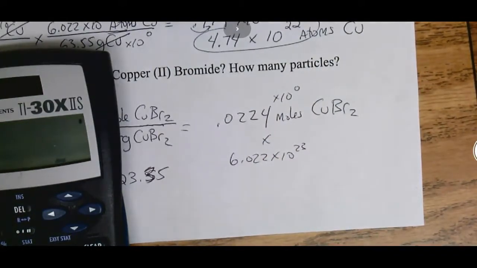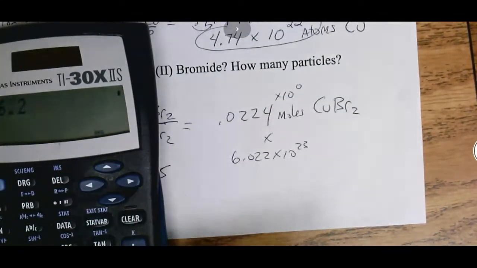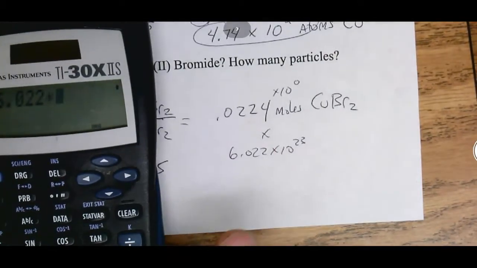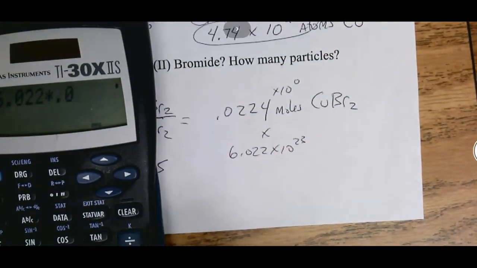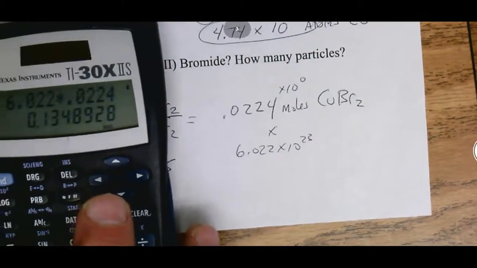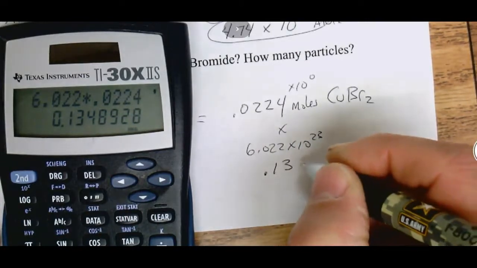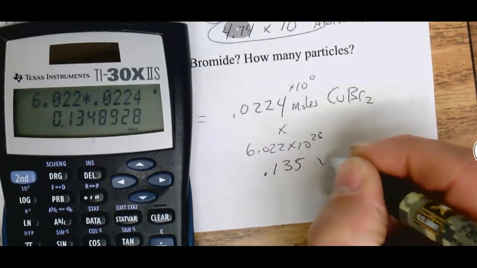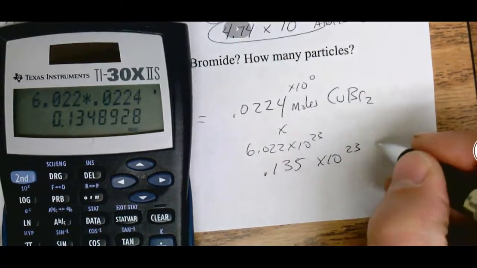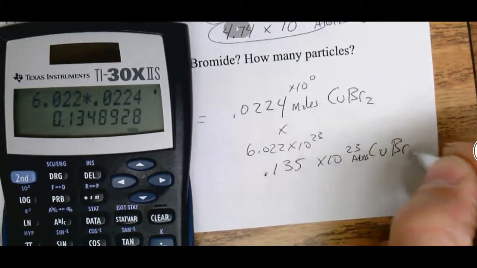So 6.022 times 0.024. That gives us 0.135 times 10 to the 0 plus 23, 23rd atoms of copper bromide.